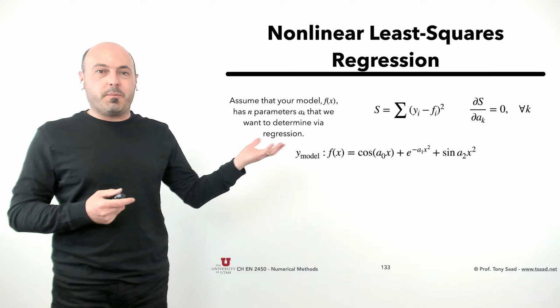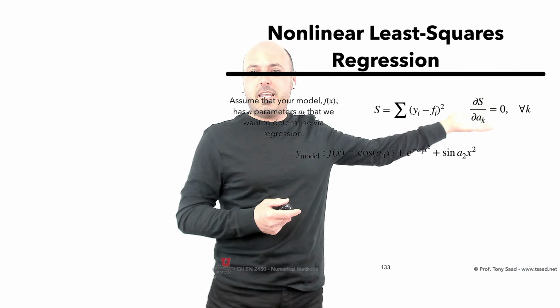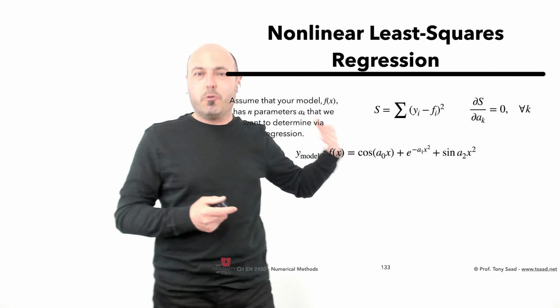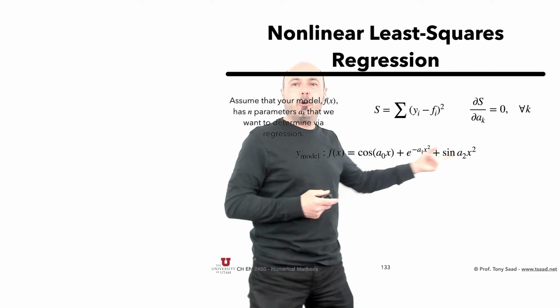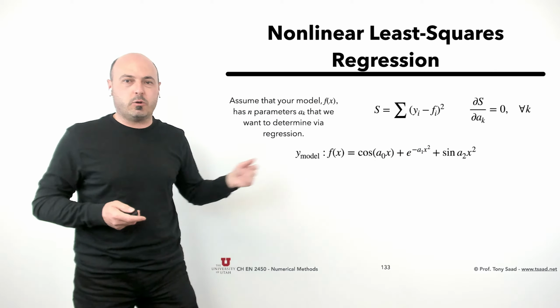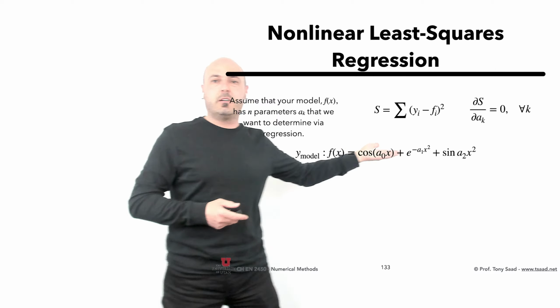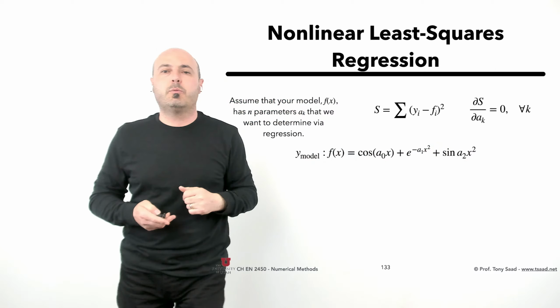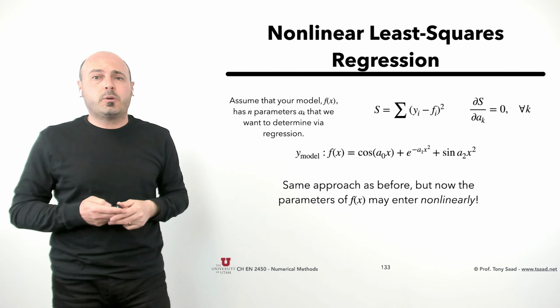The way to minimize it is by taking dS/da, differentiating the sum with respect to each one of the unknown coefficients and setting that equal to 0. In this case, you would have 3 equations, dS/da0, dS/da1, and dS/da2. You have to form the summation, and then it's just a matter of taking derivatives.